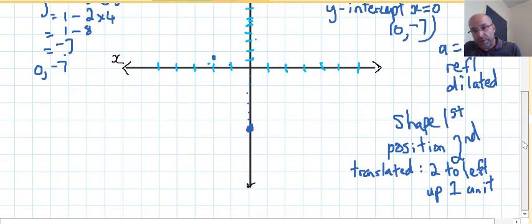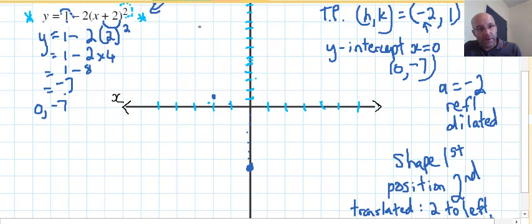So where do we start? We start with our base parabola, like we just looked at. So we've got our base parabola, y equals x squared, in red. So when x is 1, y is 1.